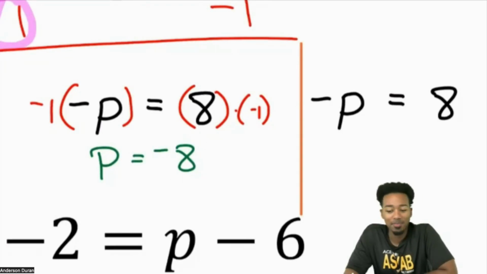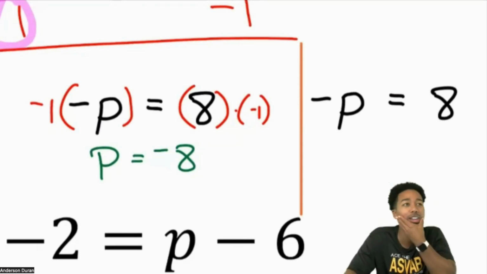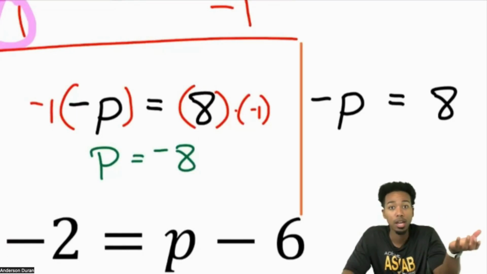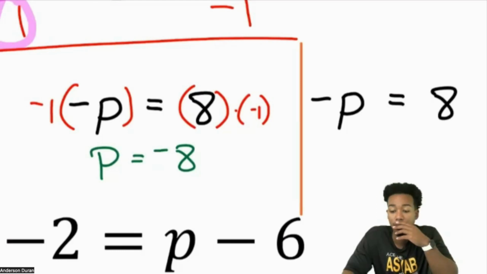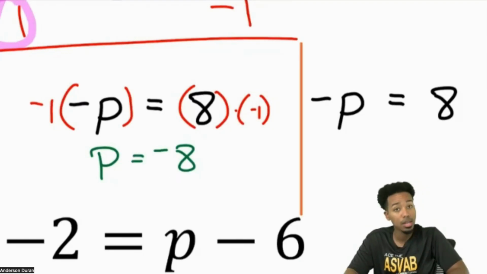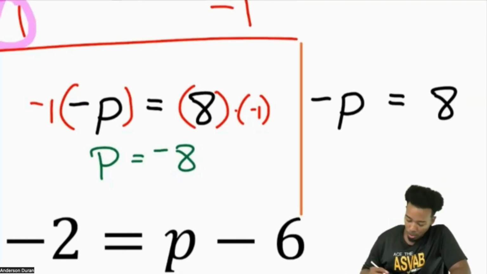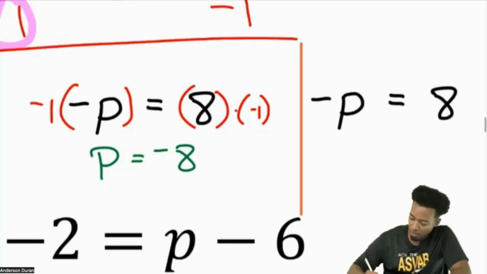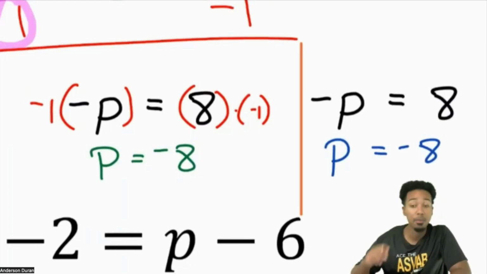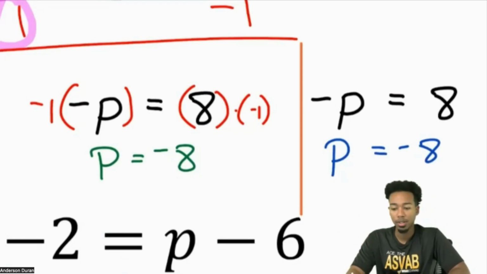So then my follow-up question is, if I change the sign of one side, could I just change the sign of the other as well? The answer is yes. If I change the sign on one side, I can change the sign on the other. So if I have a negative P and I want to make it a positive P, change it. If I have a -8, it has to go to negative. Or if I have a +8, change it to -8.